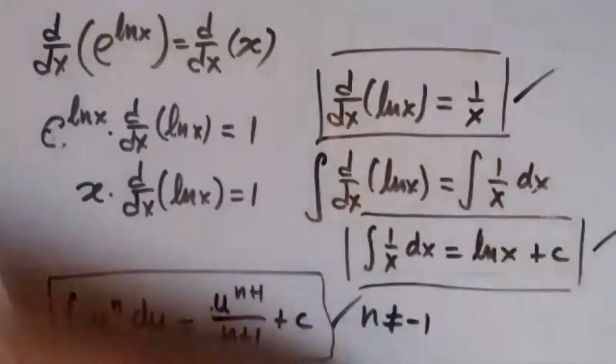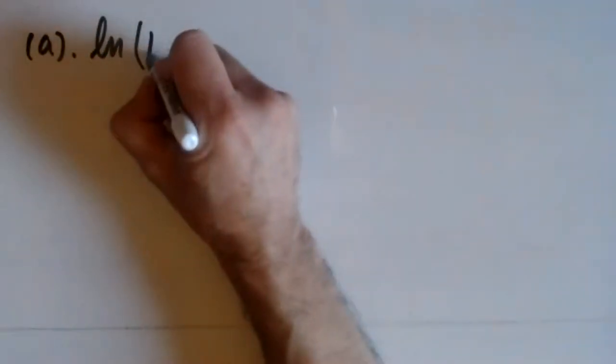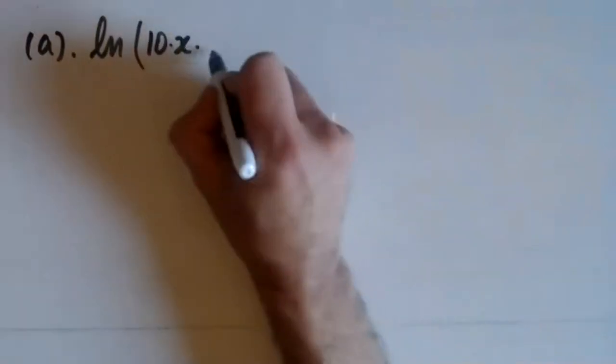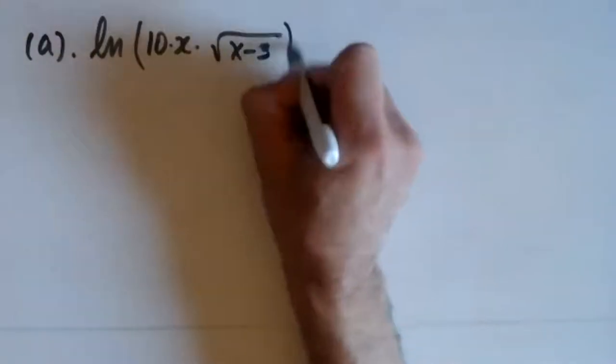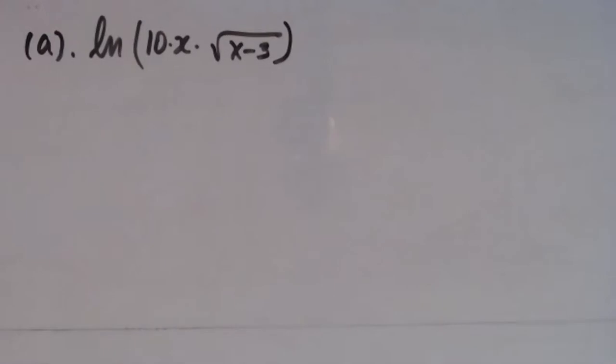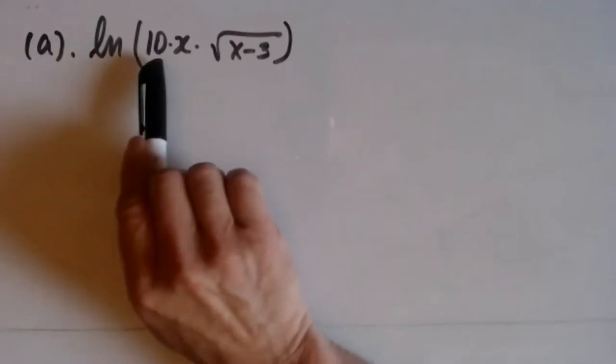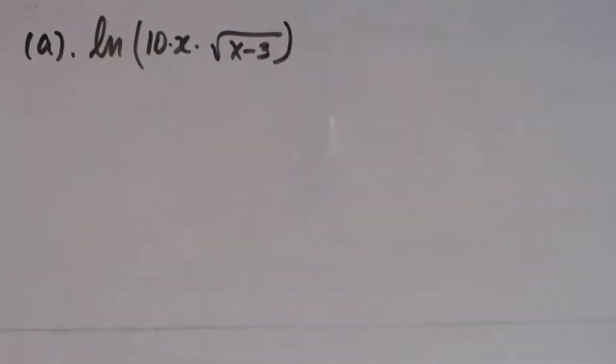Okay, let me just erase right here and go back to the problem we displayed over there, problem A. Problem A is ln of 10 times x times the square root of x minus 3. Now, this is the natural log of the product of three things.